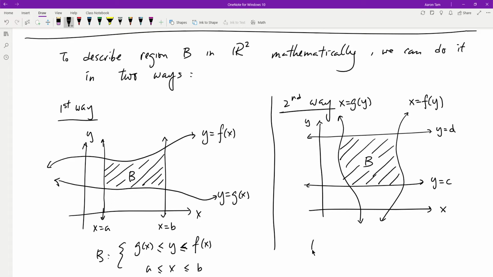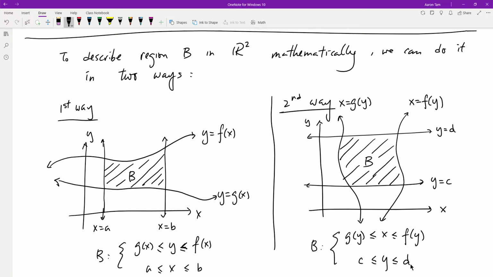In this case, we describe region B as first x gap between two different values, with the one on the right bigger than the one on the left, and then y gap between two values also.